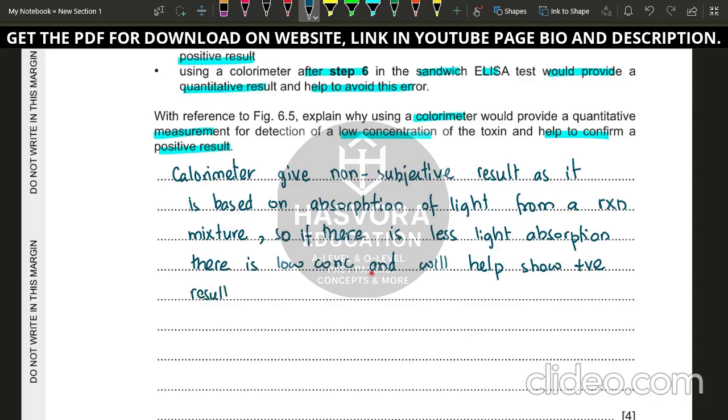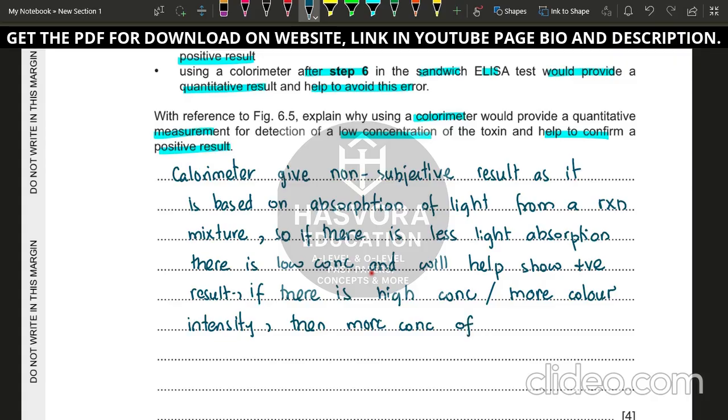Okay, and if there is high concentration, or you can also write if there is more color intensity, then more concentration of TMB is present.